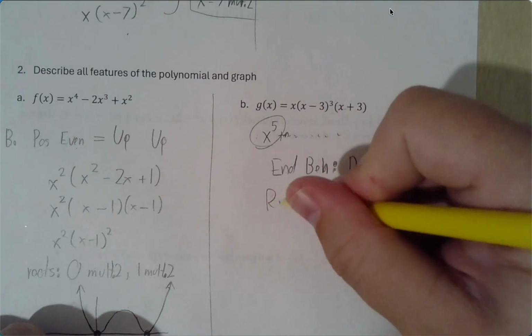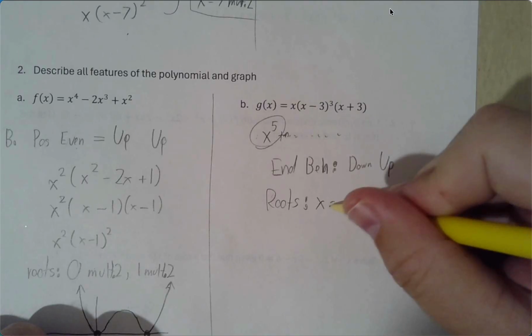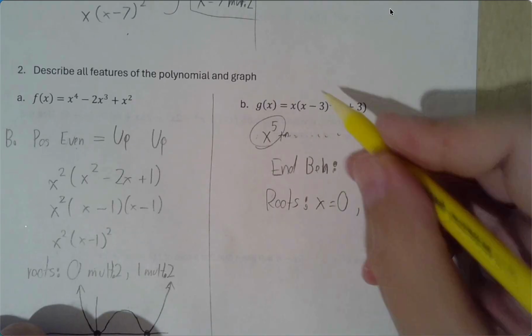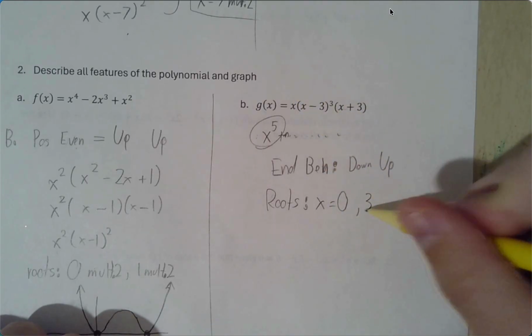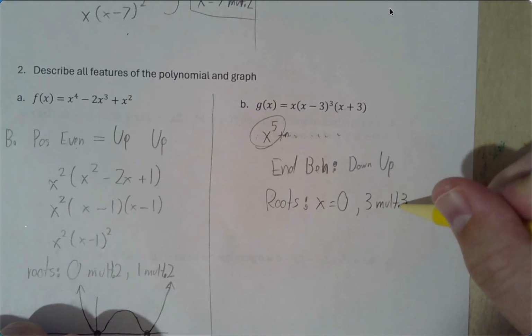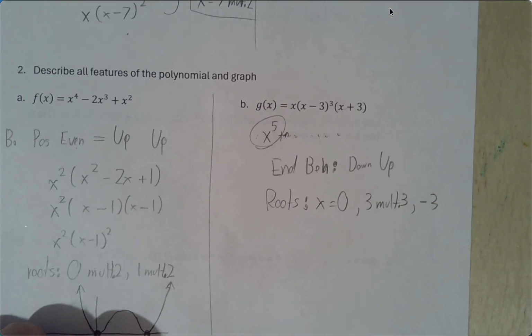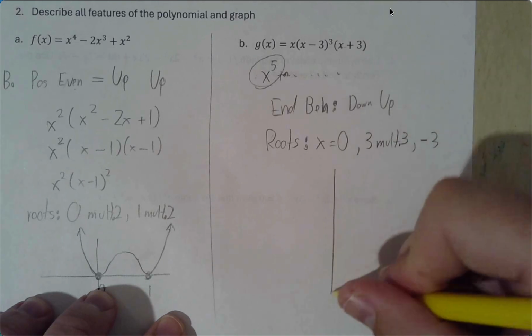From there, what are my roots? My roots are x equals 0, technically multiplicity 1, x equals 3, multiplicity 3, and x equals negative 3, once again multiplicity 1. So can we sketch a basic graph of this?